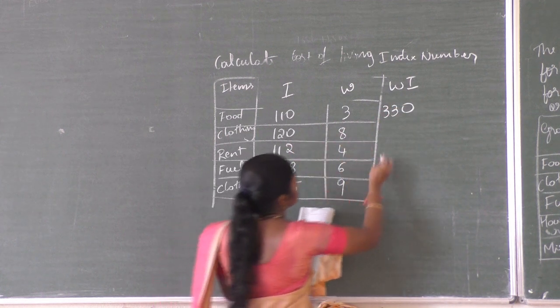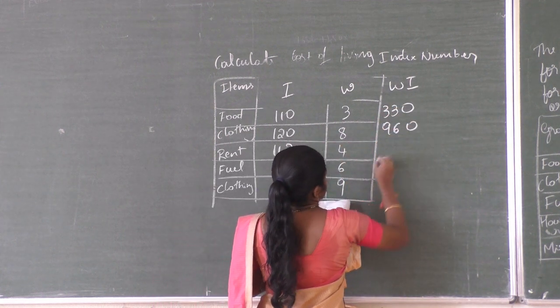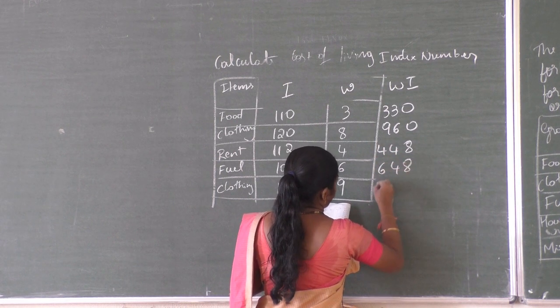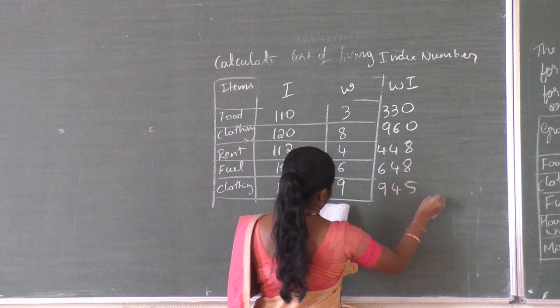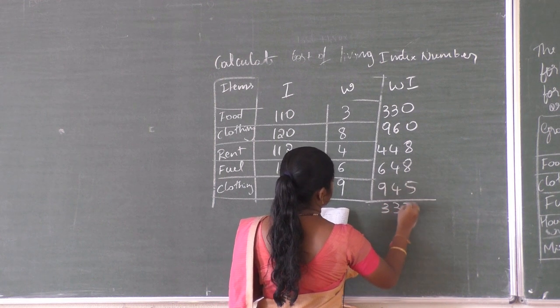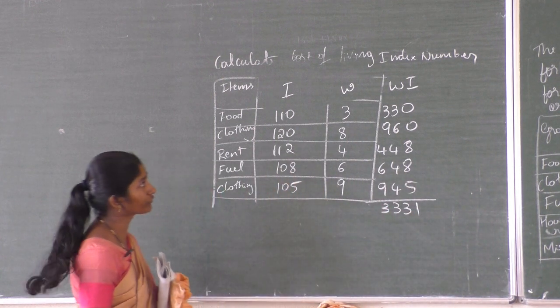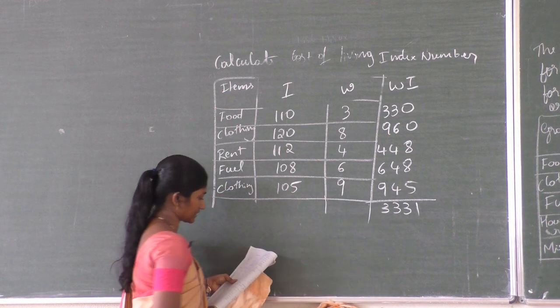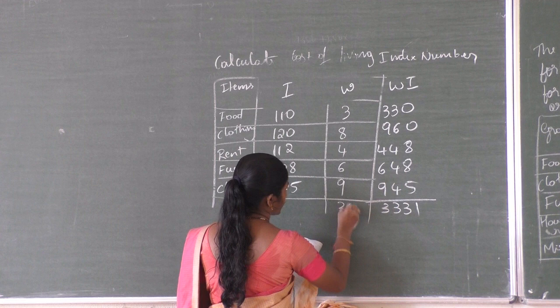Multiply these two. Here this is the total of W into I, and we need the total of weights, that is W. Here we got 30.